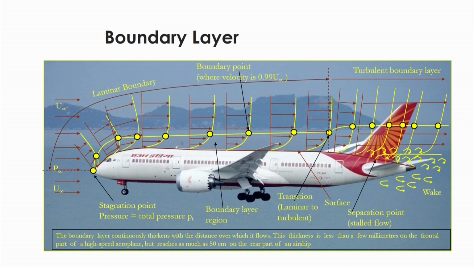During this flow, we have some velocity over the surface of the aeroplane, and you will see that velocity changes as you go away from the surface.